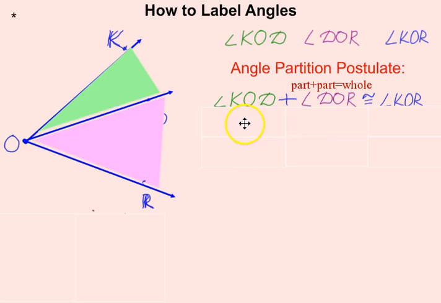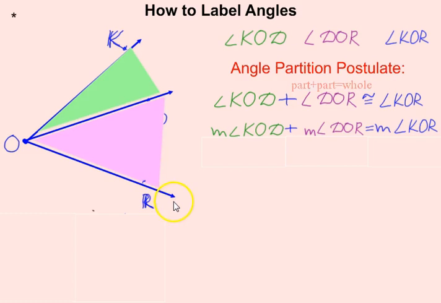And one more thing, you will include this little lowercase m in front of every angle symbol, so that this represents a measure of a given angle. In our case, there are 2 measures that you add to receive measure of angle KOR, which represents the whole constructed of these 2 parts.